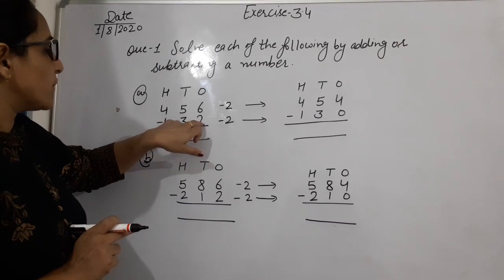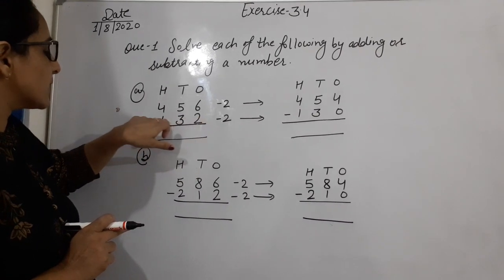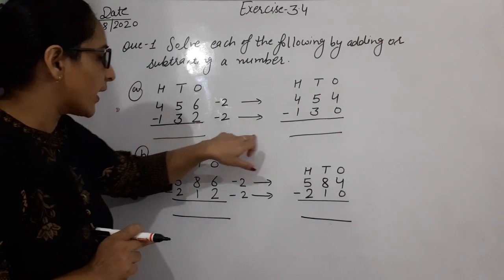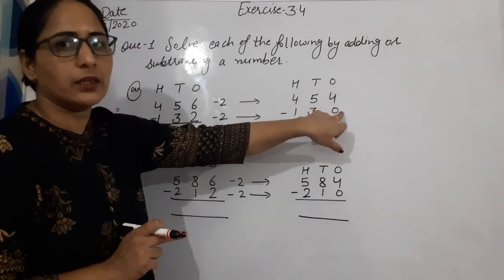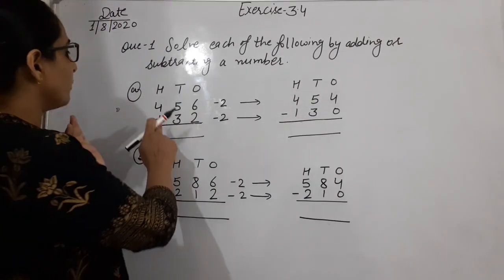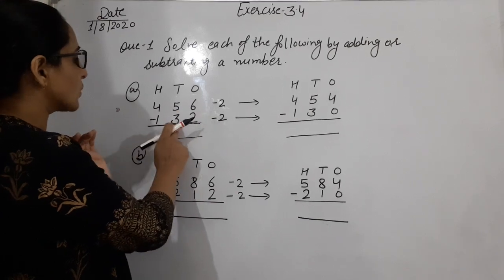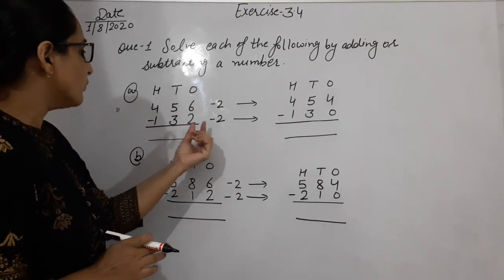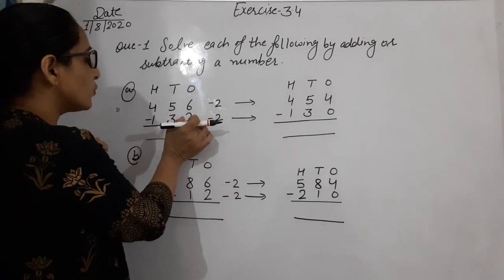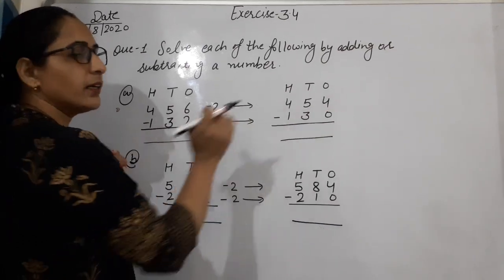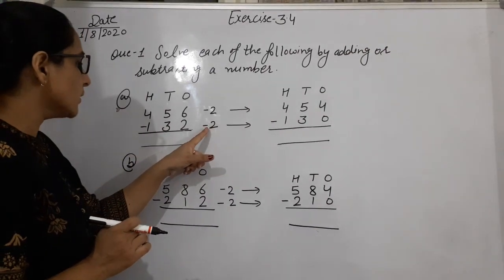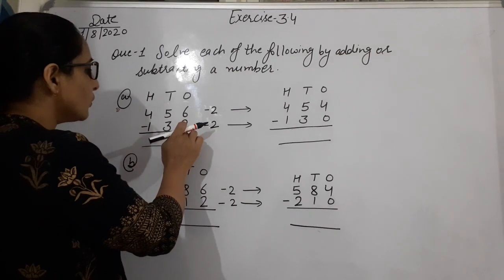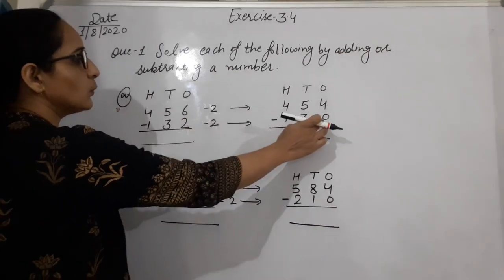So what we do? We subtract a number from these given numbers. That's why we get 0 here. Clear? For example, here is 456 minus 132. So which number do we subtract from 2 to get 0 here? We subtract 2. So 2 minus 2 equal to 0.